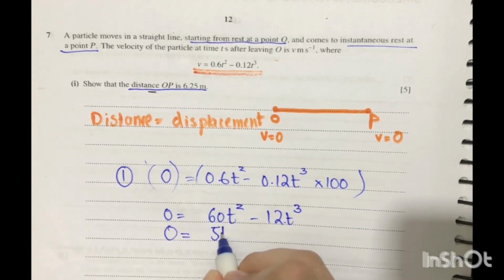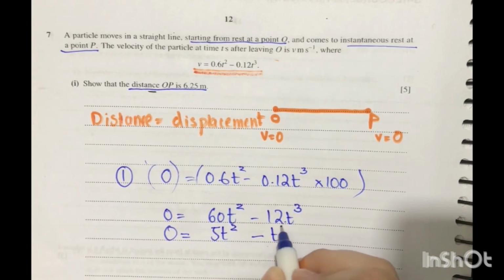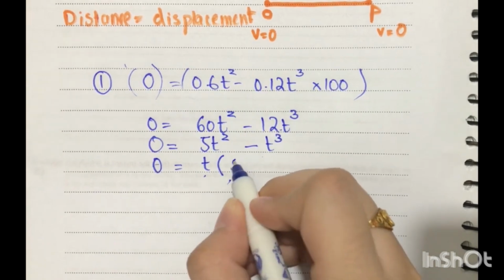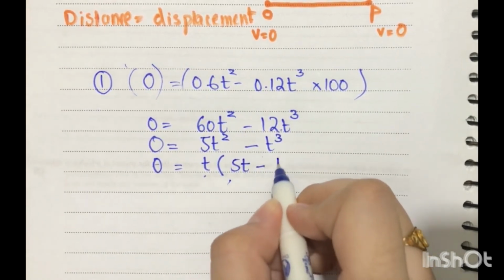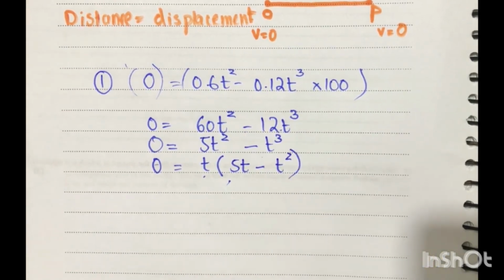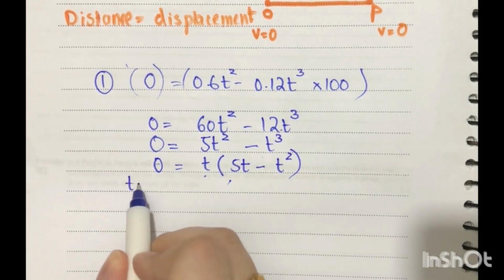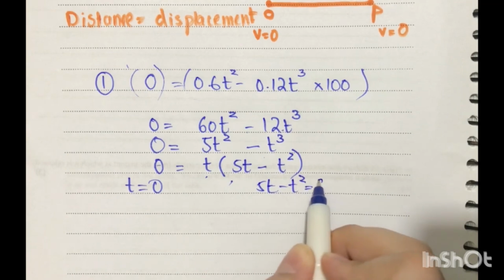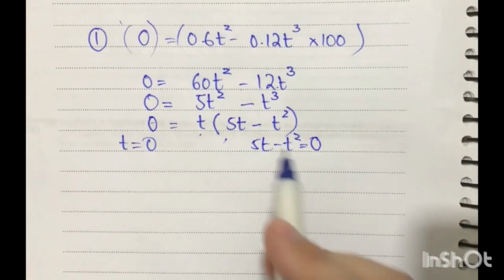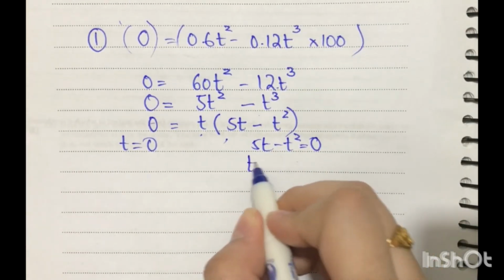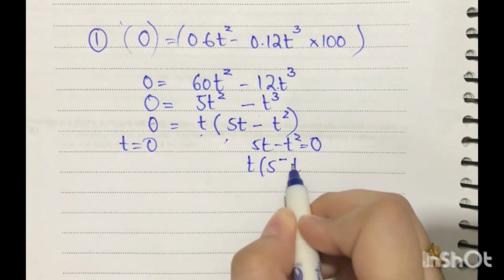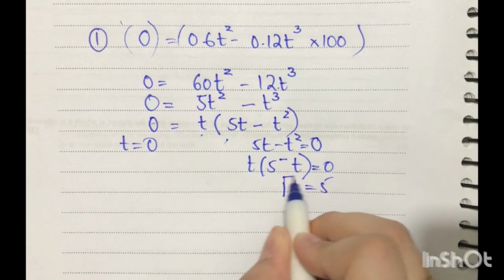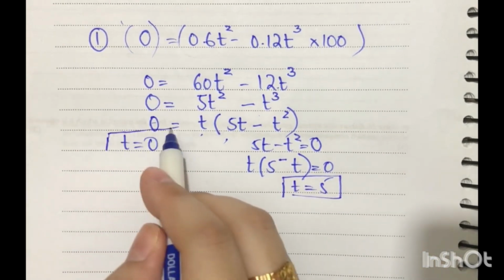So this will become 5t squared minus t cubed. We'll take t outside, so 5t minus t squared equals 0, which means t equals 0, or 5t minus t squared is 0. So let's solve this further. 5 minus t equals 0, so t equals 5. So t equals 5 or t equals 0.